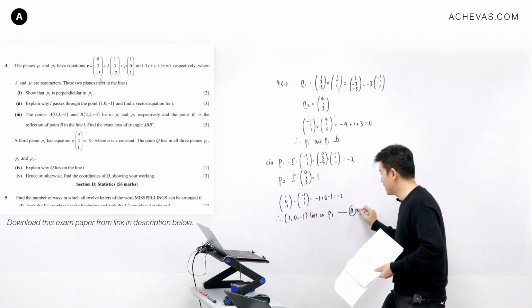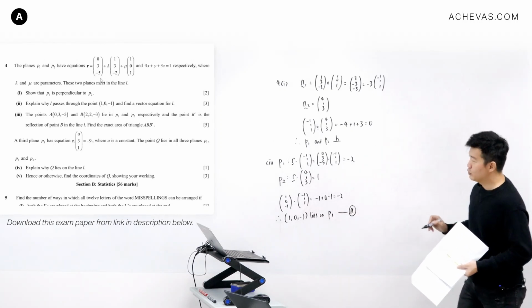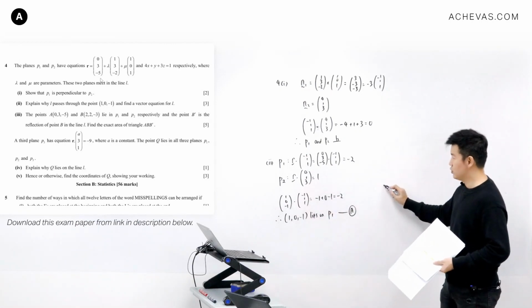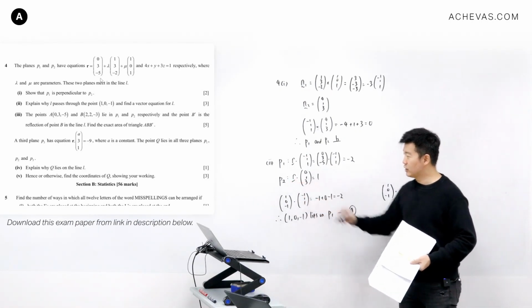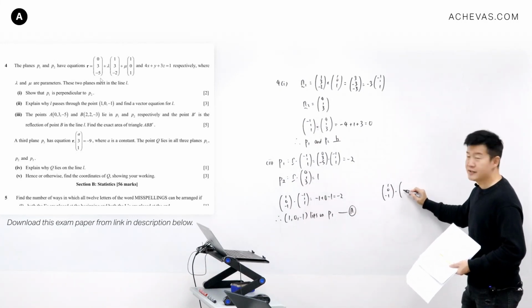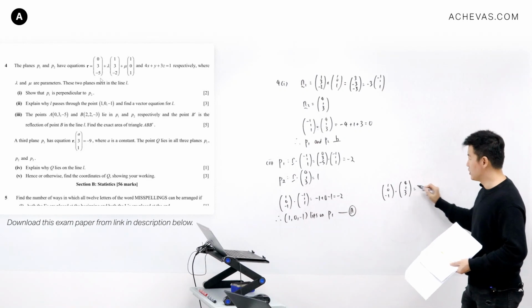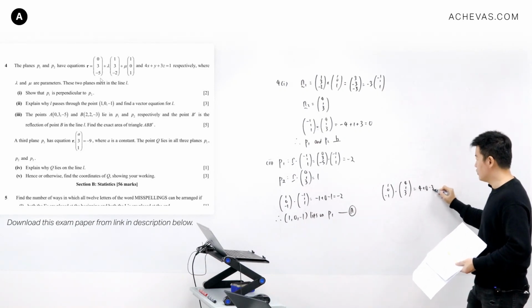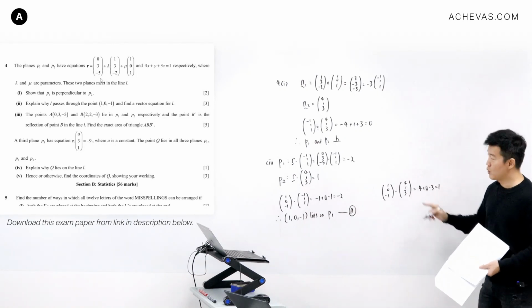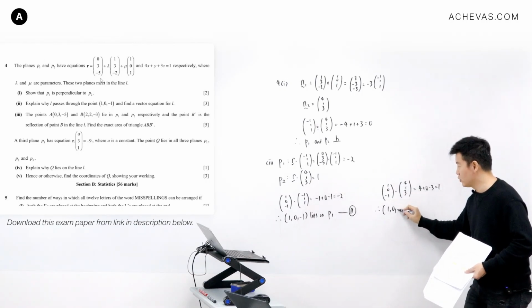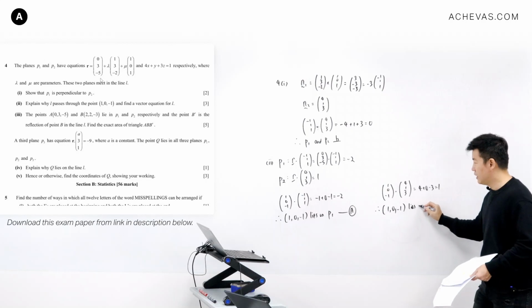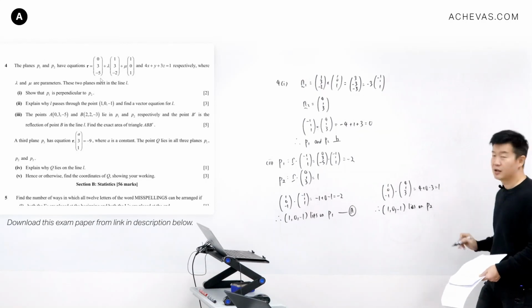This, I'm going to call my statement A. I'm going to test 1, 0, minus 1 again, and I want to test whether it lies on the plane P2. So 1, 0, minus 1 dot 4, 1, 3. This is going to be equal to 4 plus 0 minus 3, this is equal to 1. And therefore, we can say that 1, 0, minus 1 lies on the plane P2.